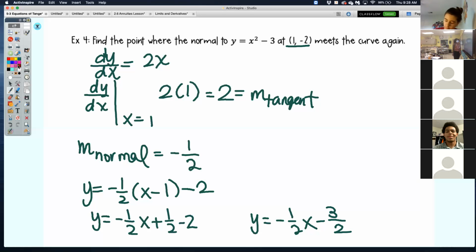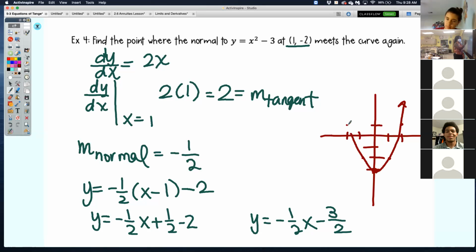I already know that on this quadratic of x squared minus 3, the normal line meets at 1, negative 2, but there's another point on the graph where it's meeting again. I'm trying to figure out what that point is.